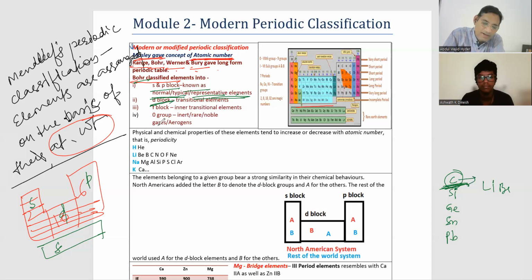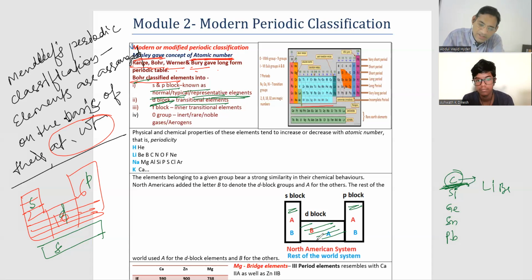Now see, what about D block elements? Bohr named them transitional elements. Why transition? Because this is S block, this is P block, and in between S and P block elements, D block elements are there. Transition means in between.